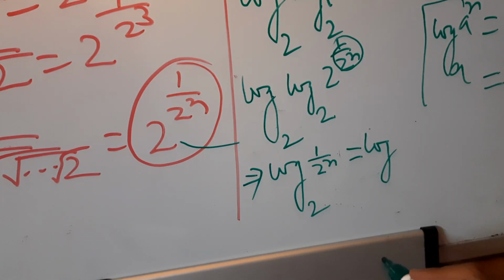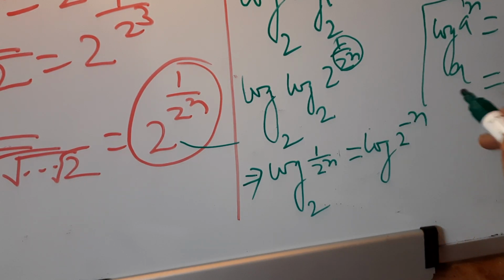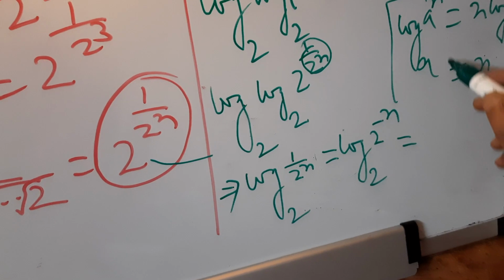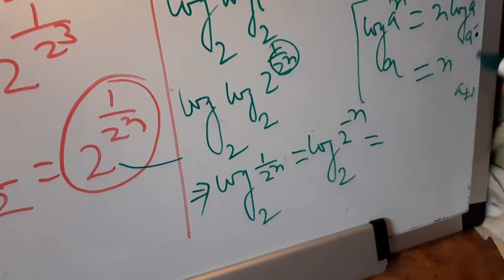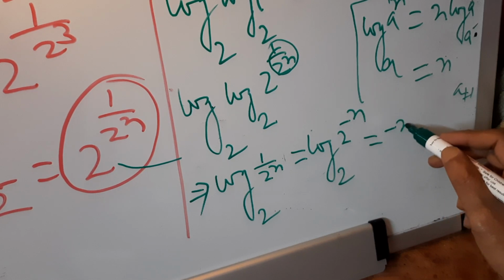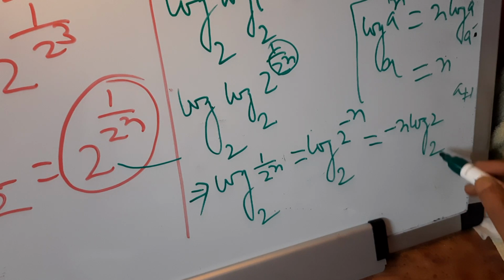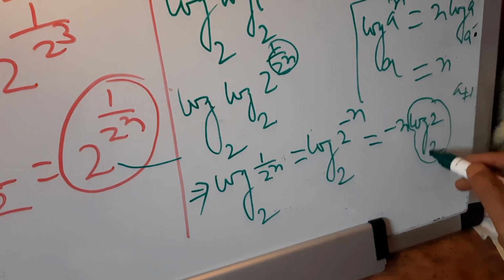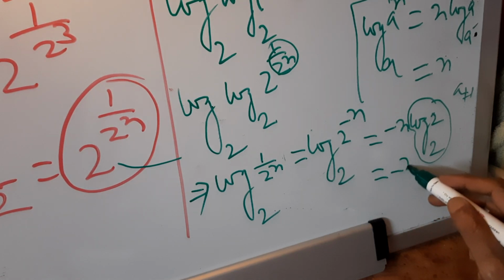You can write 1 by 2 to the power n as 2 to the power minus n, base 2. So again we can apply the formula log a to the power n base a equals n log a base a. That means minus n log 2 base 2. Log 2 base 2 equals 1 because the base and the number are the same. So this equals minus n.